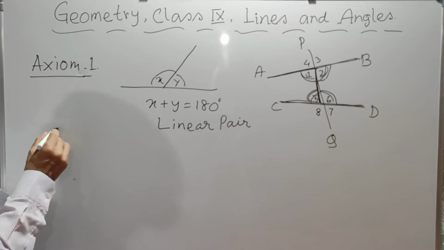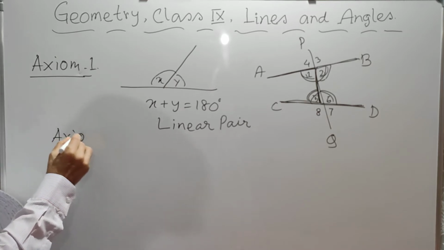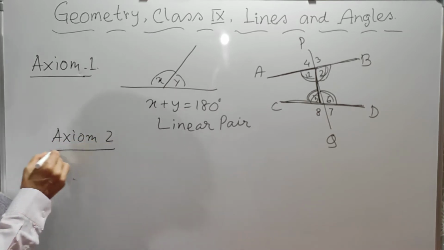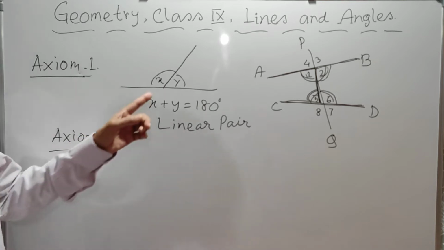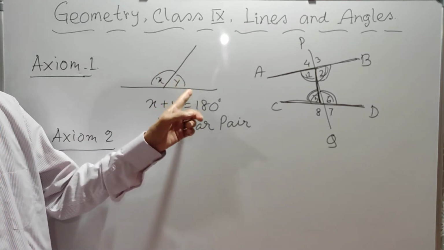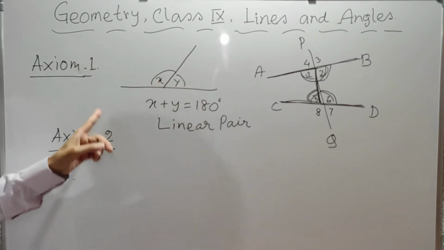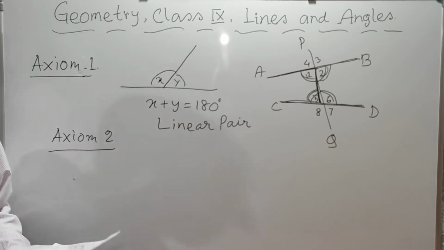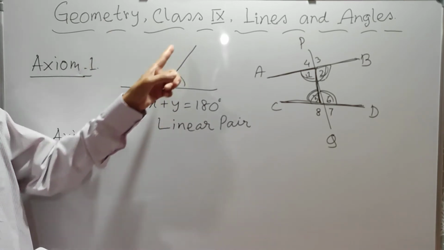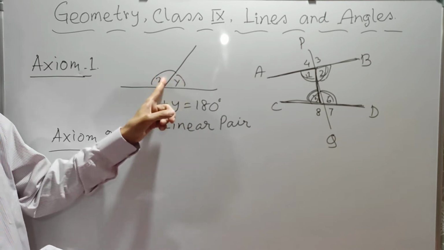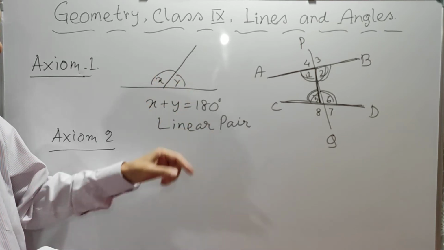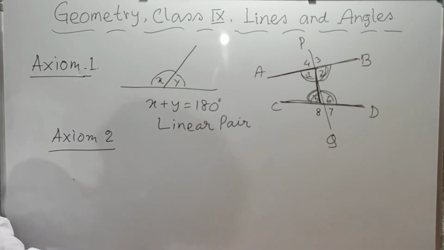Now axiom 2. Axiom 2 is the reverse of this, the converse of this. Axiom 1 and axiom 2 are converse of each other. Now axiom 1 says if these two are a linear pair, then their sum is 180 degrees. All right.